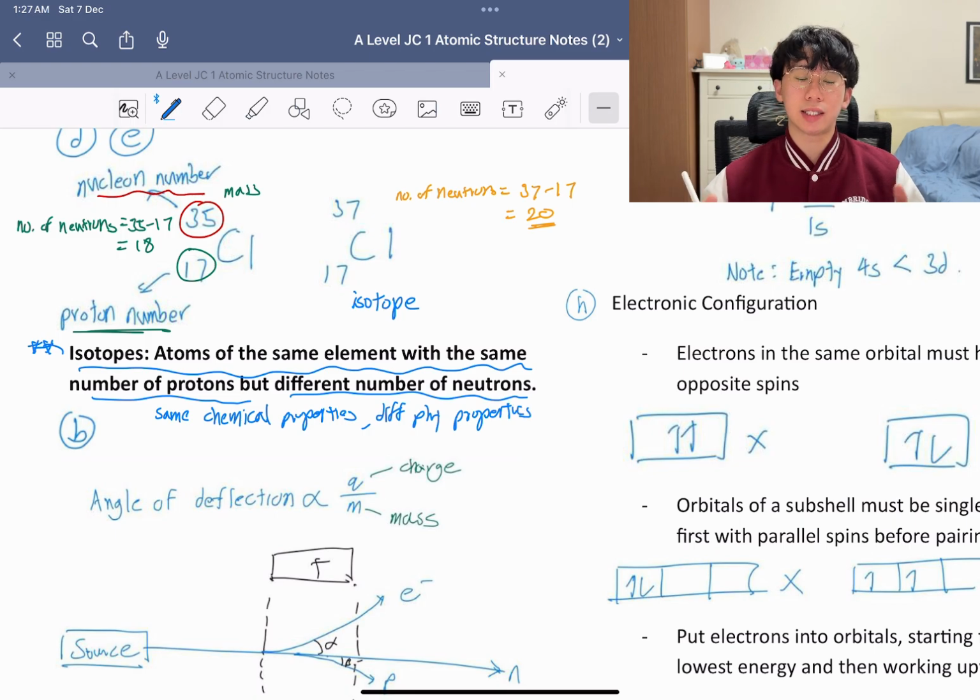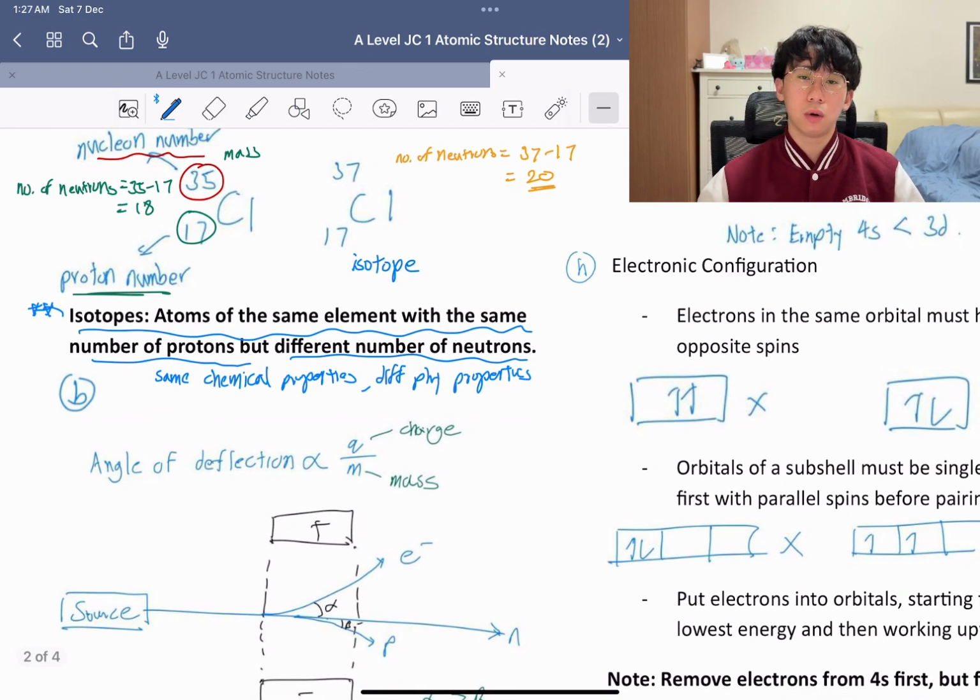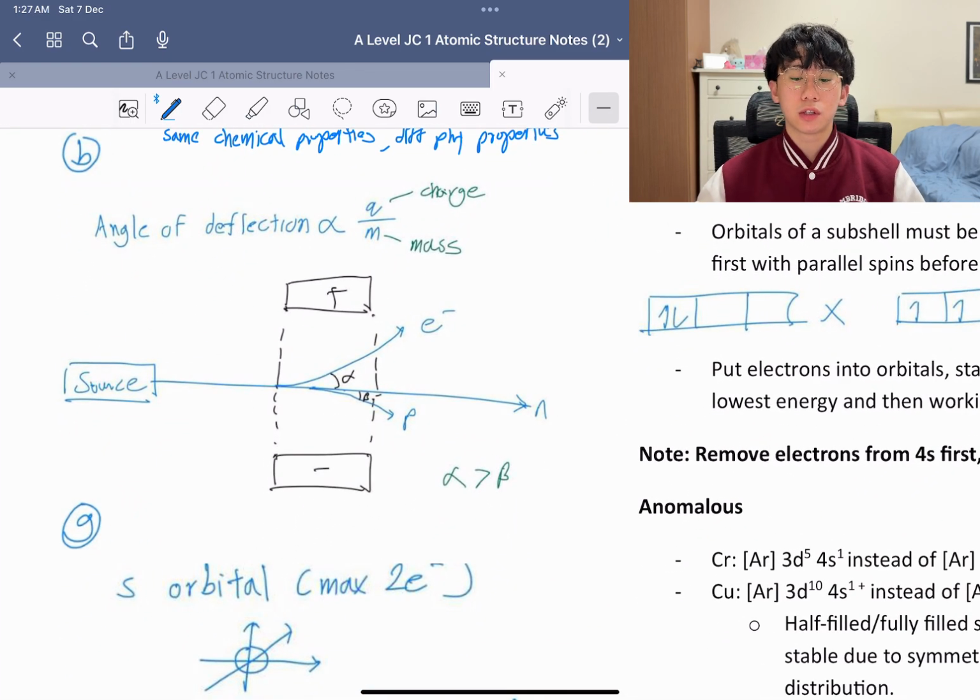Now here next is a diagram that you would need to get familiar with. So in general, whenever I try to pass a positively charged or negatively charged atom or ion in this magnetic field itself, or this charge field, there will be a deflection of the atom or the ion or whatever it is.